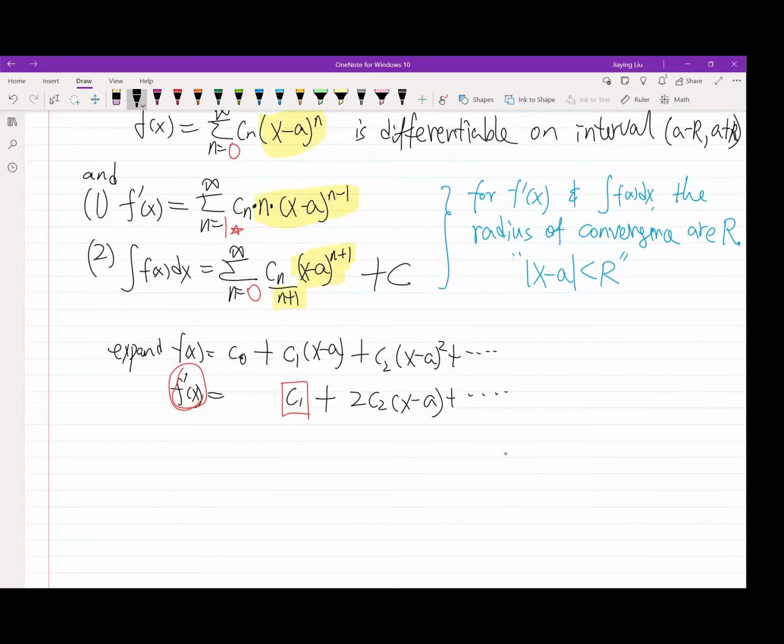So here's an example. We're going to find the derivative d/dx of Bessel's function, which is a special function used a lot in high-level physics.